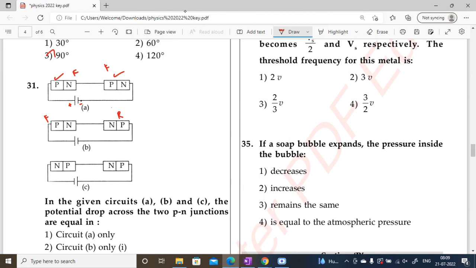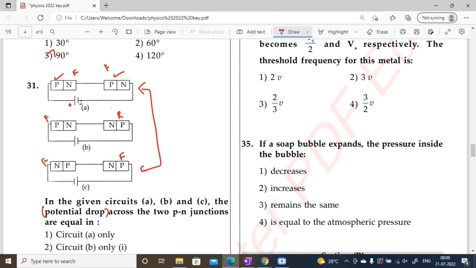And in the third case, N is connected to the negative side. This is forward bias again, and again P is connected to the positive side. So it is forward bias. In these two cases, if you are checking, both the junctions are forward biased. The condition for the same potential drop is that either both junctions should be forward biased or both should be reverse biased.